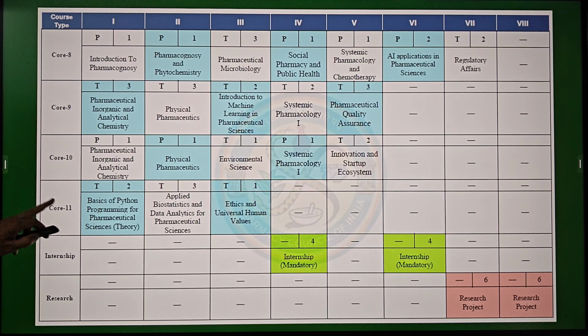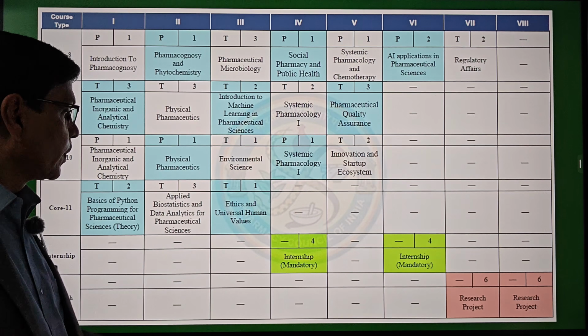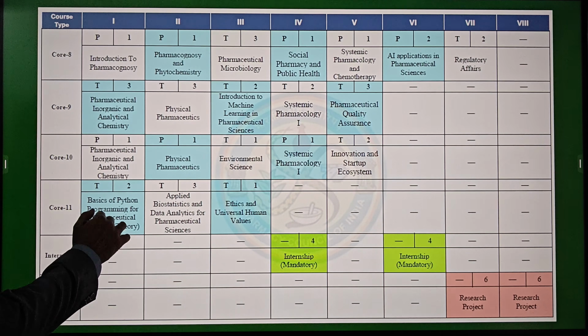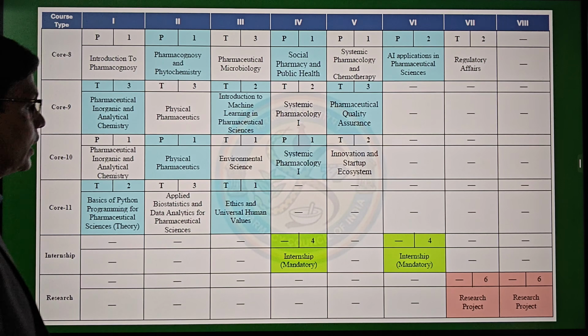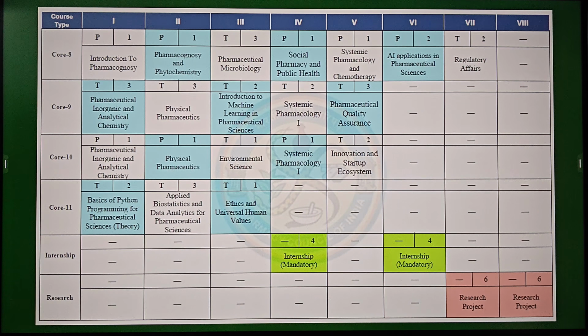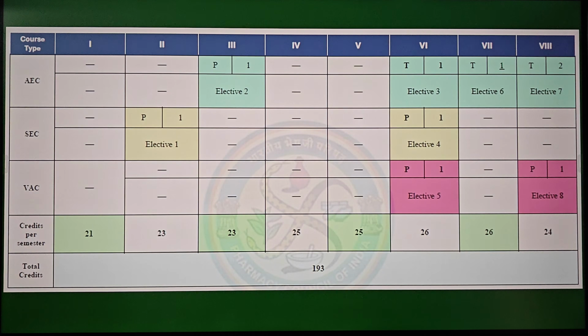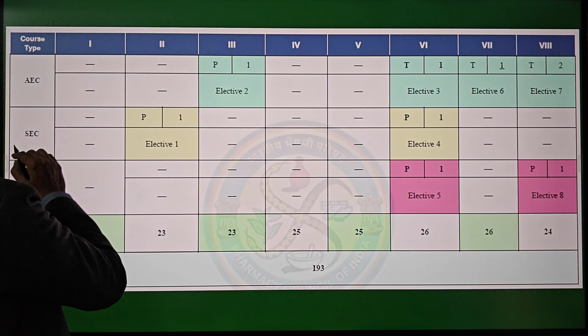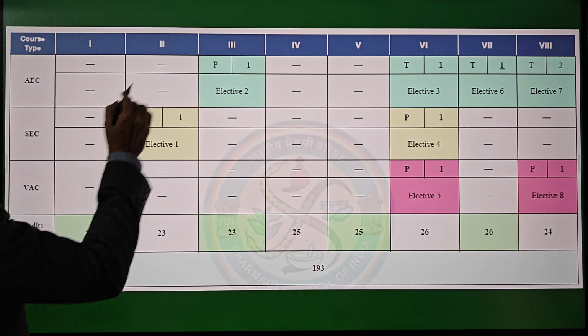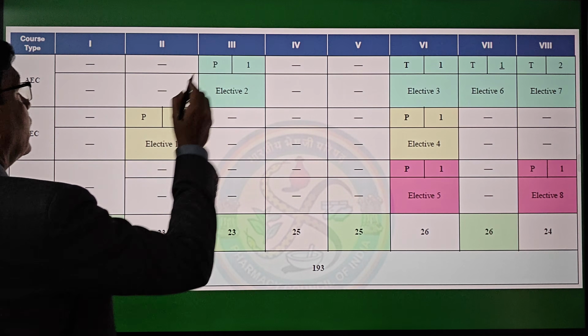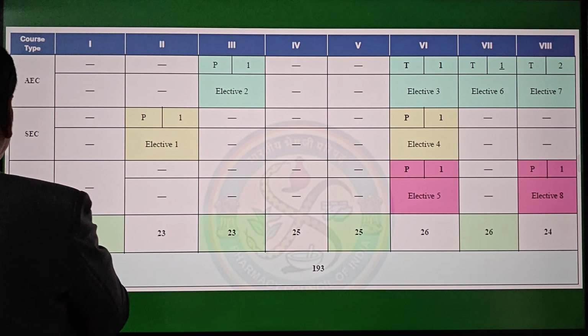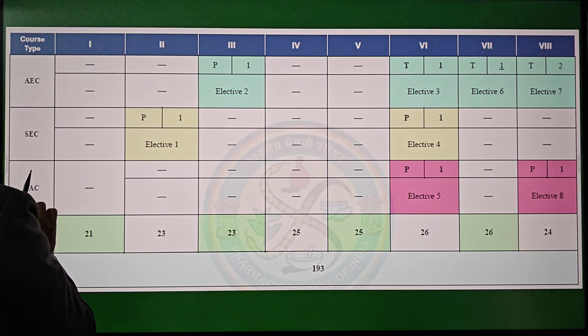There are 11 core courses. For the first semester, there is no elective mentioned here. For the second, they have mentioned one elective course. It is in the next slide. So this table represents elective courses for semesters.